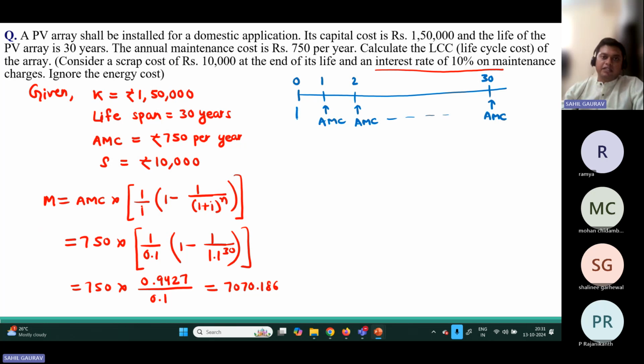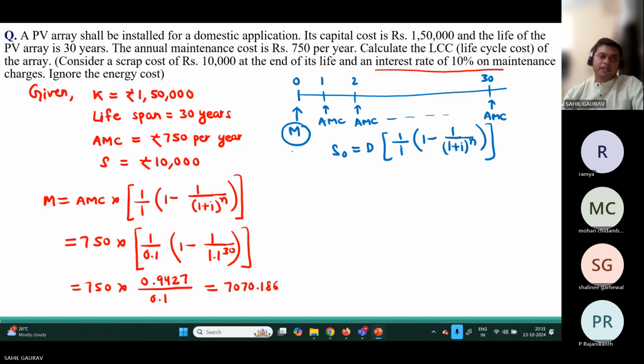So you have to find this M right now. How can you find this M? We know the relation S naught equals D into 1 upon I into 1 minus 1 upon 1 plus I to the power N. So we will use this relation and find this present cost, that is the maintenance cost.